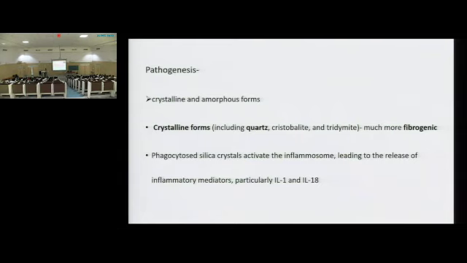So the crystalline forms include quartz, cristobalite and tridymite. And these are more fibrogenic because they cause more injury to the lung epithelium lining. And I already told you they lead to secretion of interleukin 1 and 18 and lead to fibrogenesis.